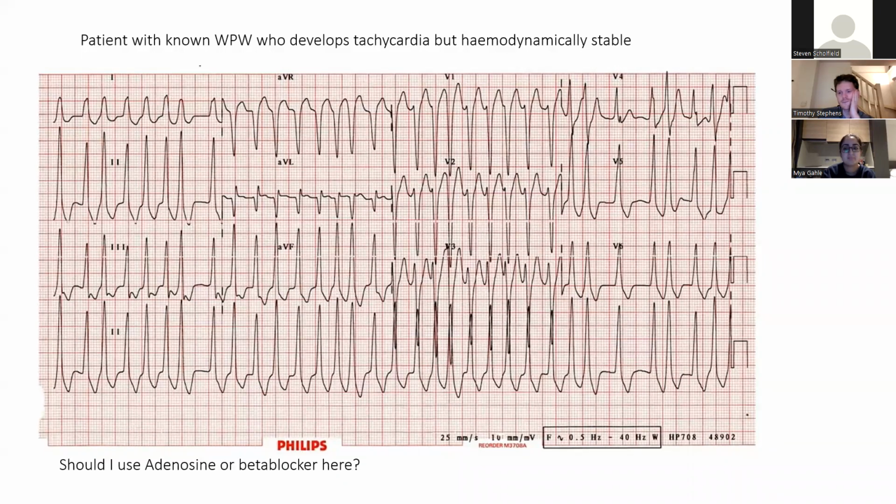Have a go. If I said to you, should we use some adenosine on this patient to work out what's going on? I know somebody's put question mark adenosine. Yeah, okay. Well, if I said to you, shall we use adenosine, would you say yes or no?